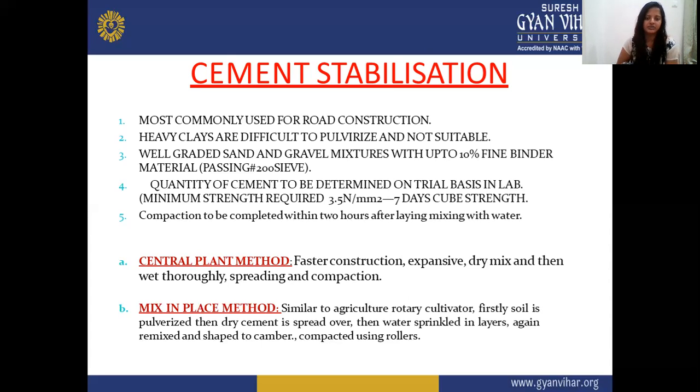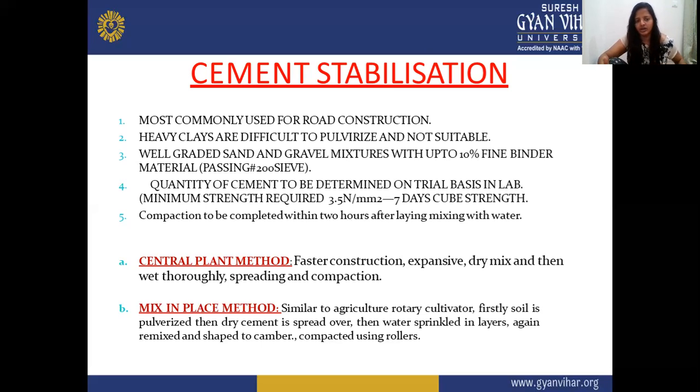Mix in place method, similar to agriculture rotary cultivators. Firstly, soil is pulverized, then dry cement is spread all over, then water is sprinkled in layers, again remixed and shaped to camber and compacted using rollers. So this is a process where the soil is not transported to any other location.